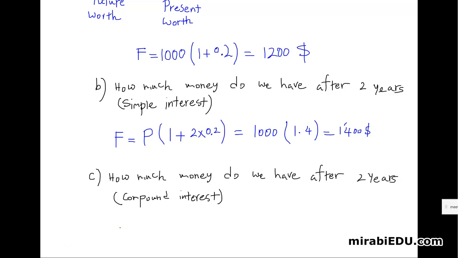So we can say future value will be the present value times 1 plus i to the number of years passed. So here we've got $1,000 and then 1.2 to the second power, which means the same thing that you said. $1,200 will be multiplied by 1.2 again. This is called compound interest. Is it okay?